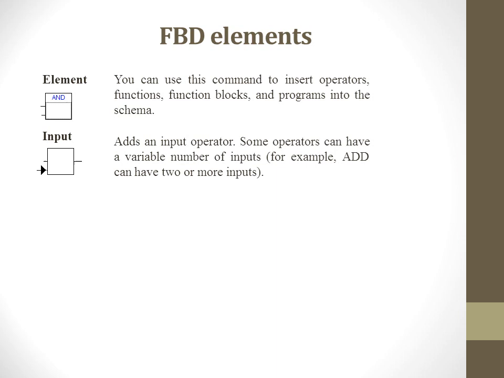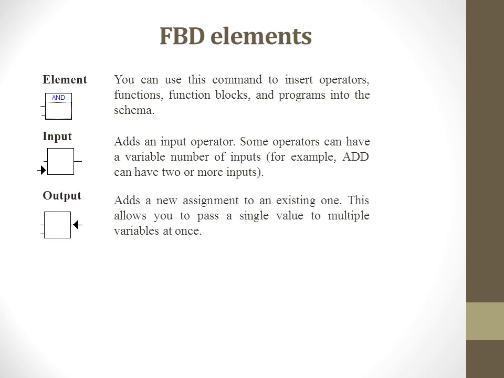Some operators can have a variable number of inputs. For example, the operation add can have two or more inputs. Next, Output adds a new assignment to an existing one. This allows you to pass a single value to multiple variables at once.